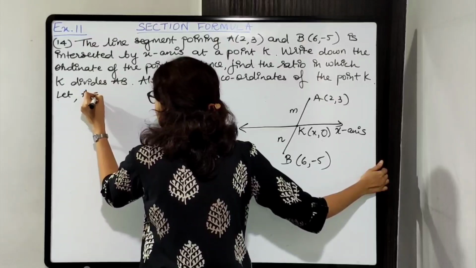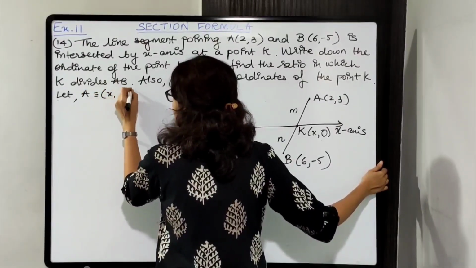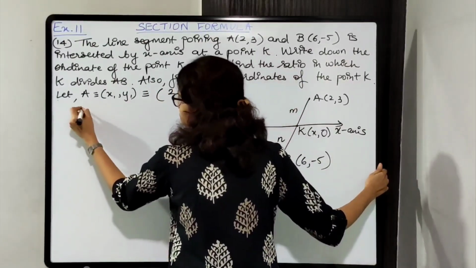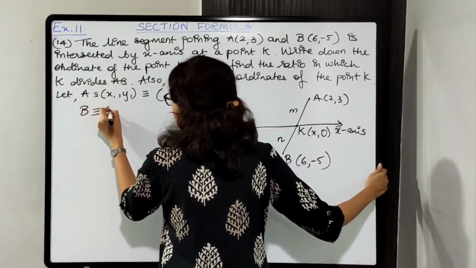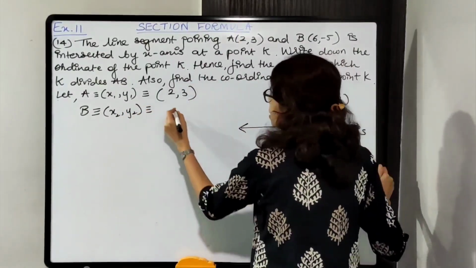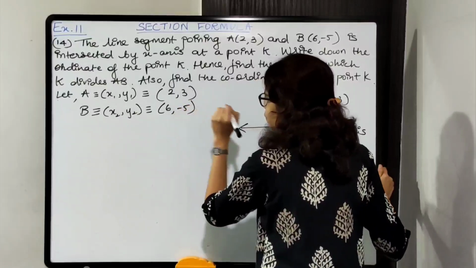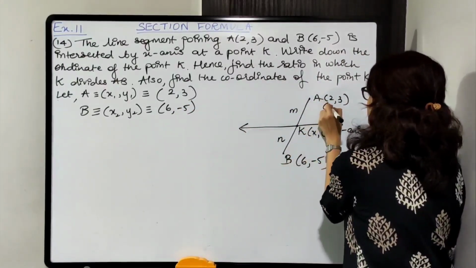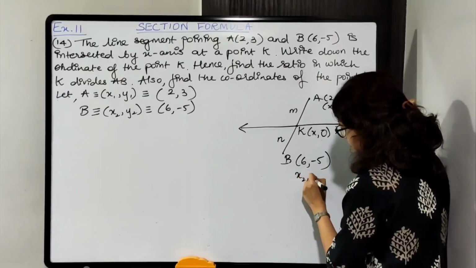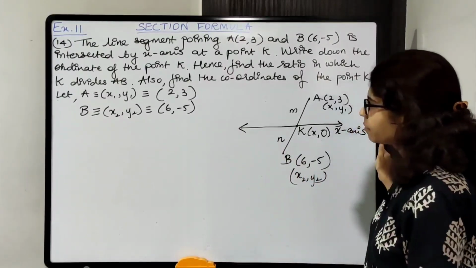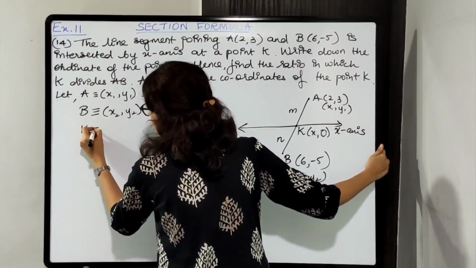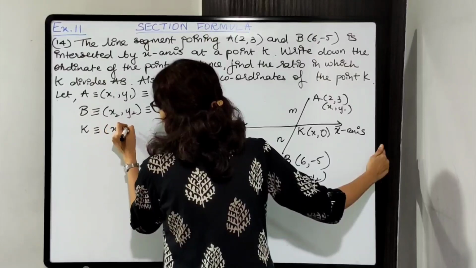So let A be (x1, y1) and its coordinates are 2, 3, B be (x2, y2) and its coordinates are 6, minus 5. Okay, this is x1, y1, this is x2, y2. And K be (x, 0).